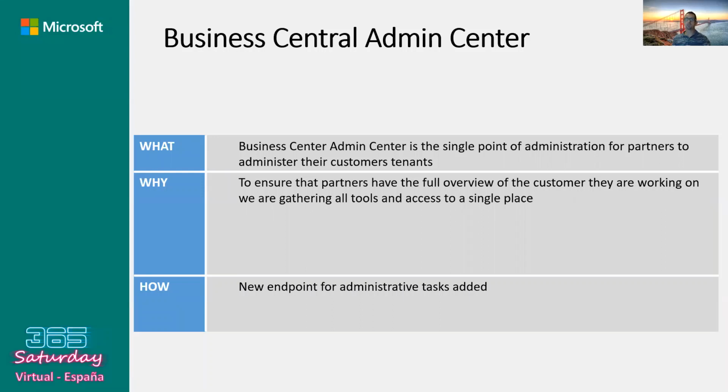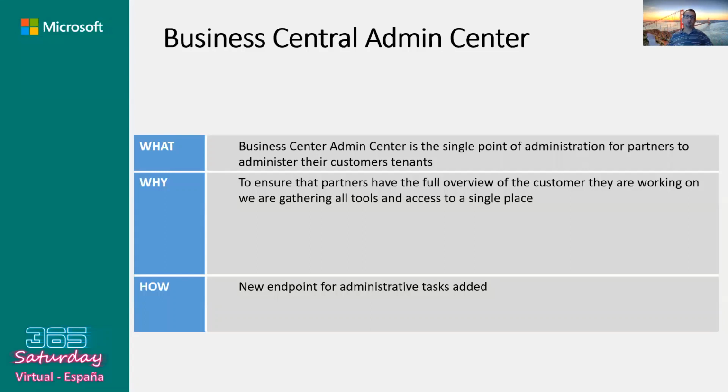Now we start talking about Business Central. What I showed before is all managed by Azure and by Microsoft automatically. Now we want to talk about what, as a partner or as a customer, we have to do when we need to manage a tenant.